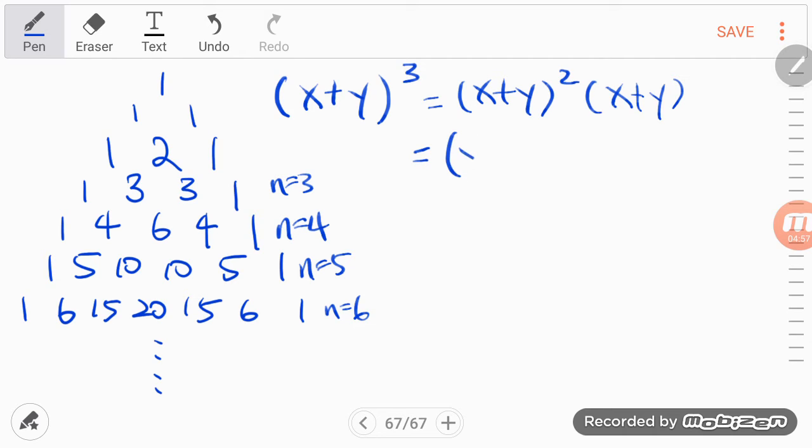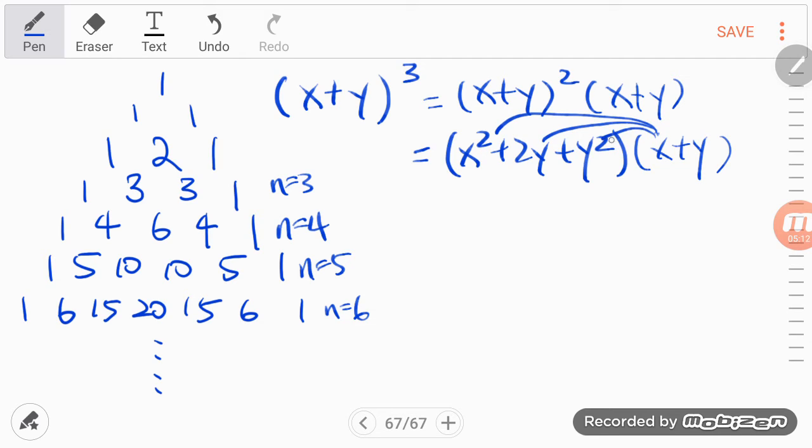For those of you who remember the formula, that would be x squared plus 2xy plus y squared, multiplied by (x plus y). So now I have no choice but to FOIL it. x times x squared gives me x cubed, plus 2xy plus y squared times x, and then I'm going to FOIL the y as well.